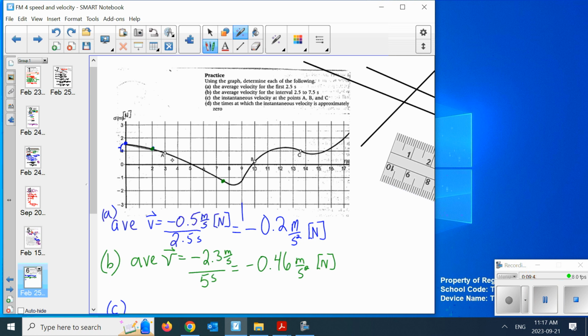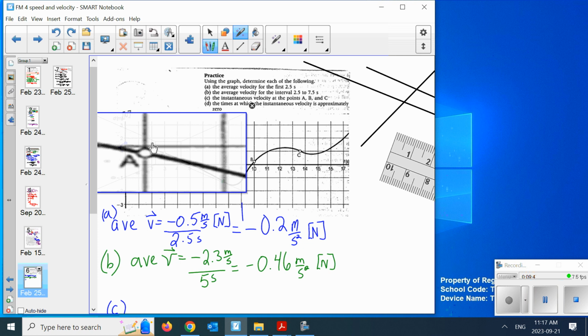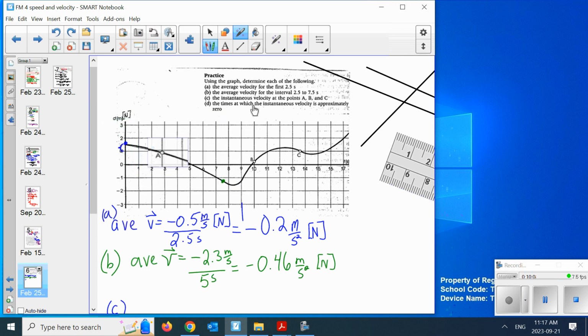My whole point is that point A, if I magnify it and look in, and imagine that I was an ant walking on that curve, or something smaller, a bacterial dust speck kind of size, this would look like a straight line for that little portion, right? So really what you got to do is take the slope of this small portion that looks approximately linear.